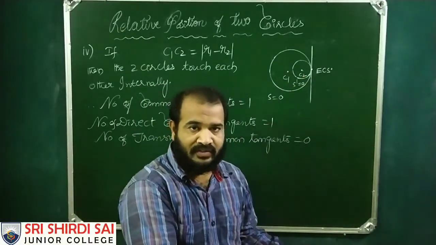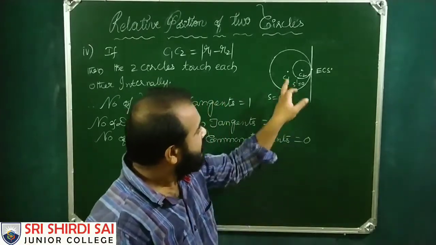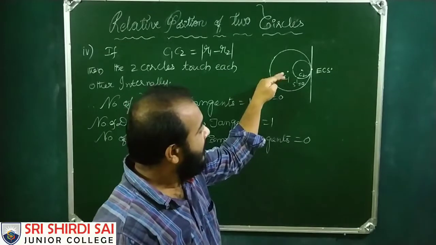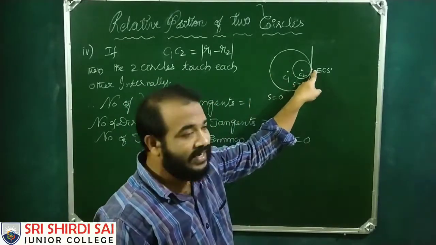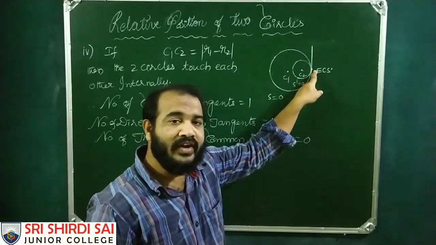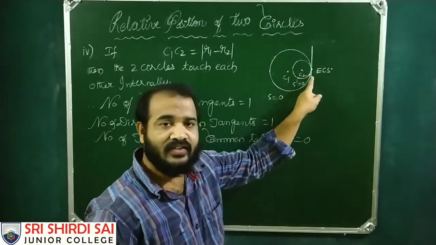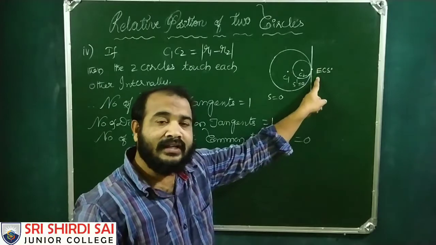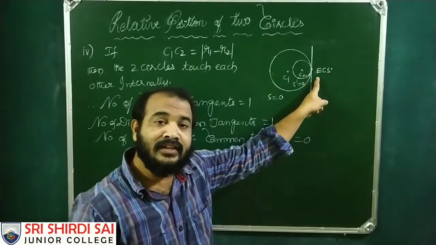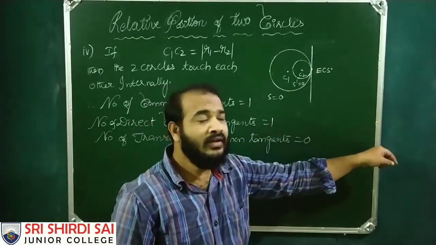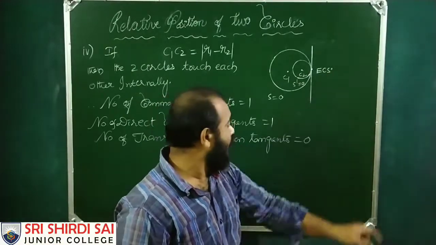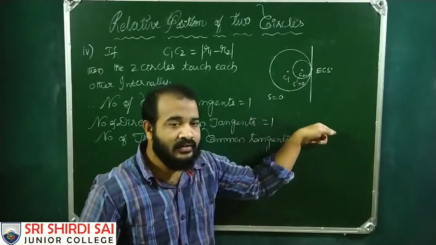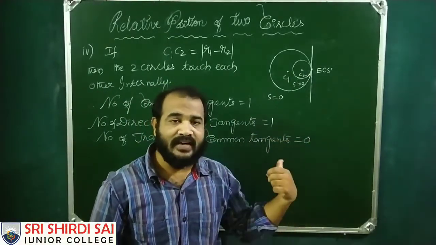If you are struggling with this, no problem. C1, C2 is the line joining the two centers. If this point of contact is outside the line joining the centers C1 and C2, then it is an external center of similitude. Whenever an external center of similitude exists, there is a possibility of a direct common tangent. Therefore, the number of direct common tangents is 1 and there are no transverse common tangents.